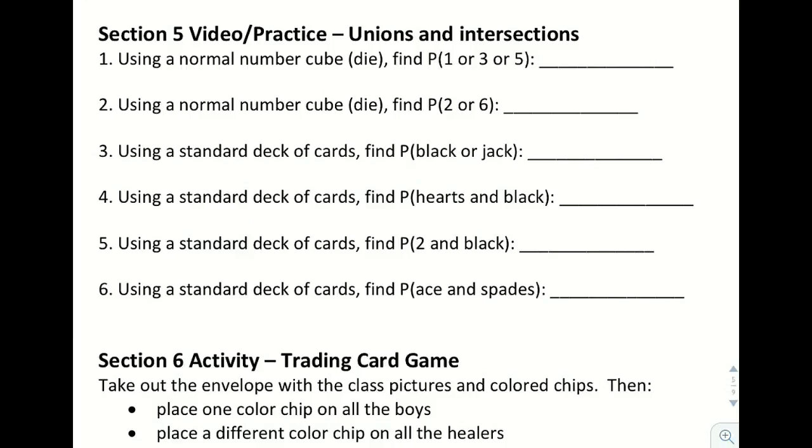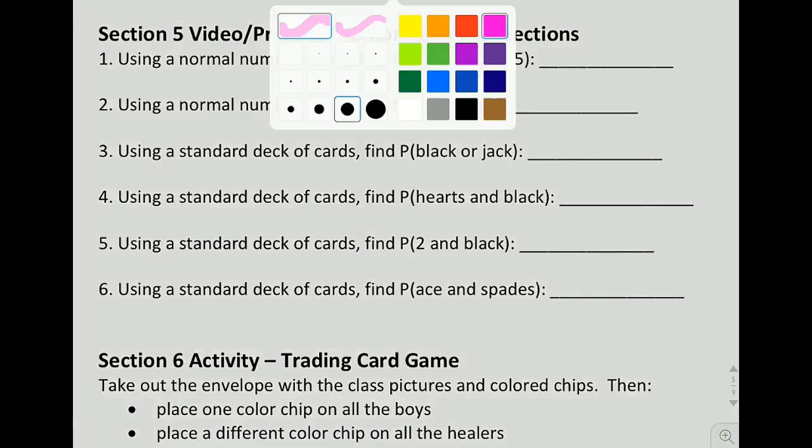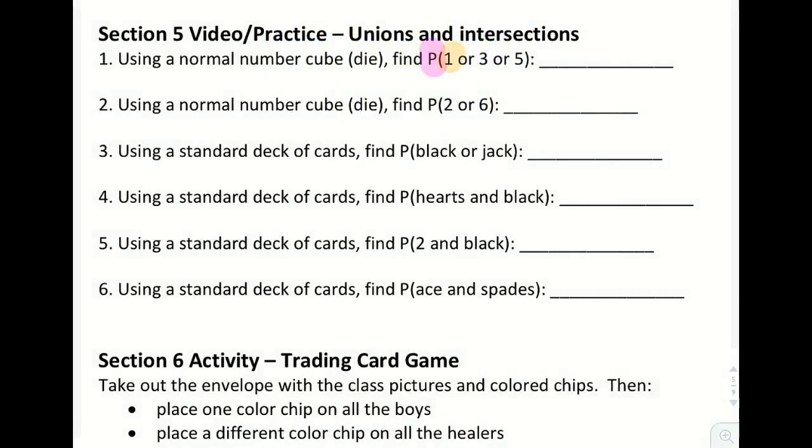So using a normal number cube, or a die, find the probability of, that's what that P means, probability of 1 or 3 or 5. If I think of the way dice are laid out, you have a side with a 1, a side with a 2, a side with a 3, and so forth, until you have 4, 5, 6.